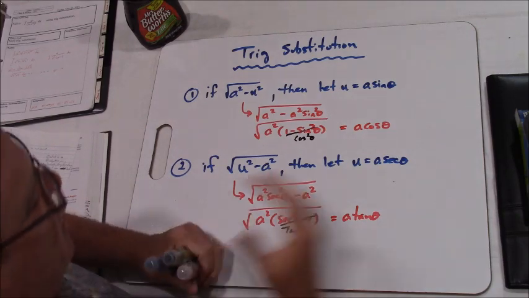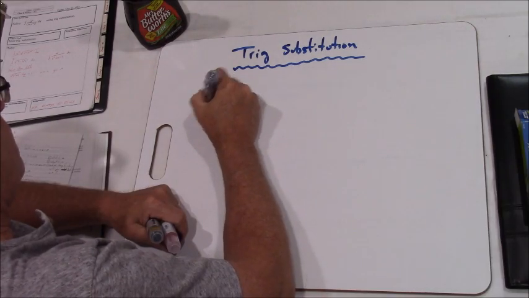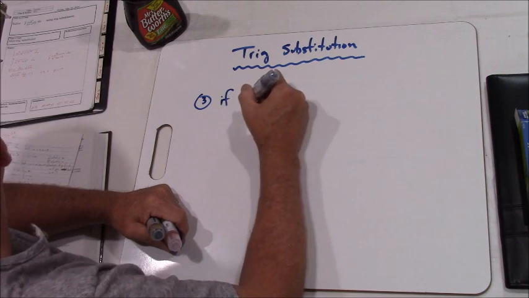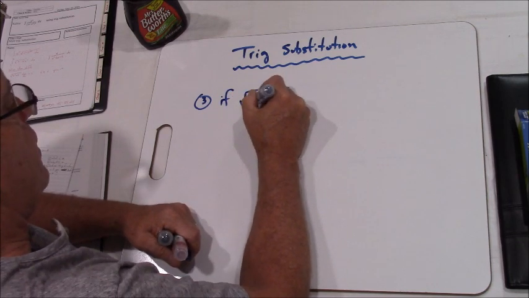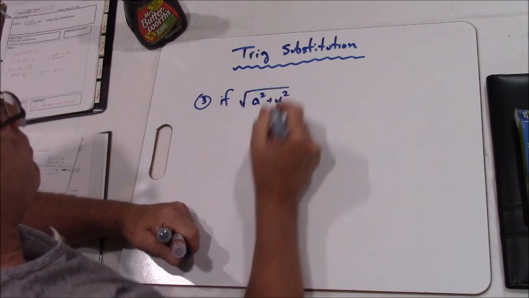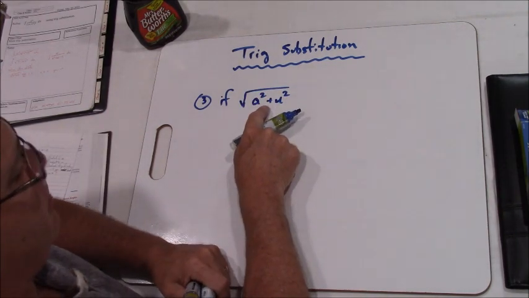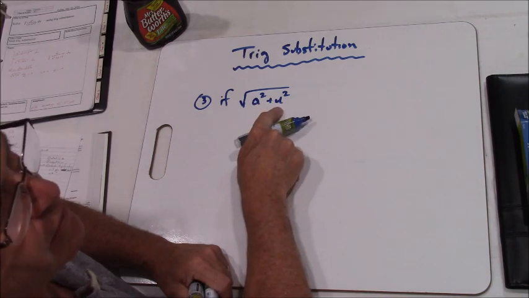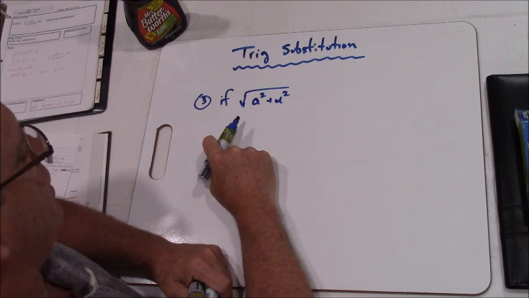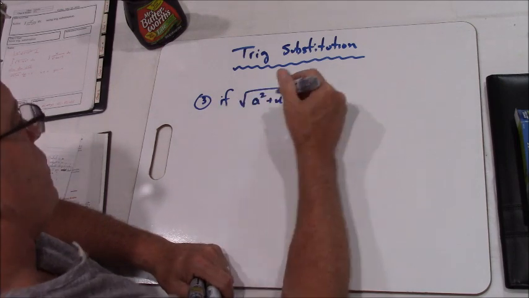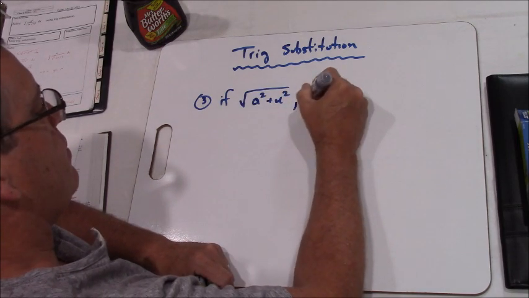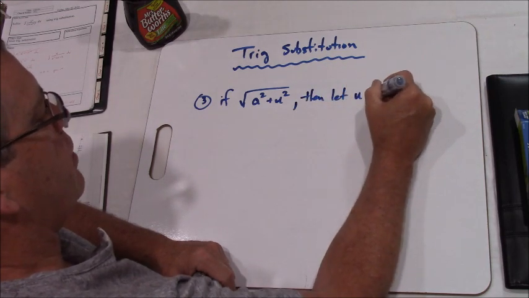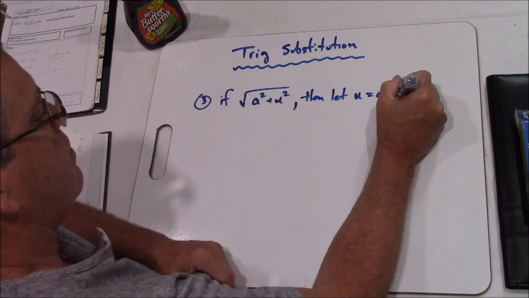All right, one more formula. So if I see the square root of a squared plus u squared. Well, with arctangent, we didn't have a square root in there, but we did have something squared plus something squared. So this kind of follows along with the arctangent. So if I have that, then let u equal a tangent theta.